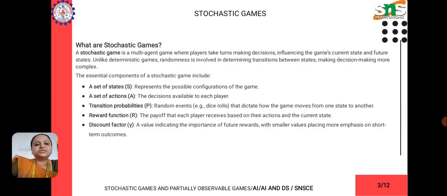Reward is the different rewards allocated for the different processes, games, and players. What is a discount factor? Discount factor is a value indicating the reward for the future process. For example, if you play well in this game, you will be provided with 10 extra points for the next game that you play.